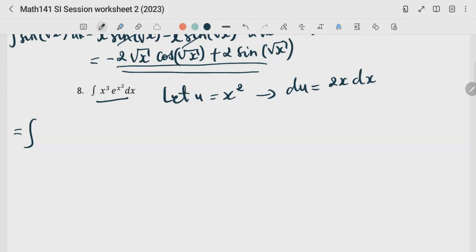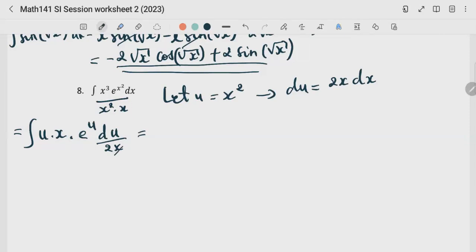So x cubed can be broken down into x squared, right, times x. And that x squared is u. So we have u times x, right, times e to the u dx, which is just equal to du divided by 2x.